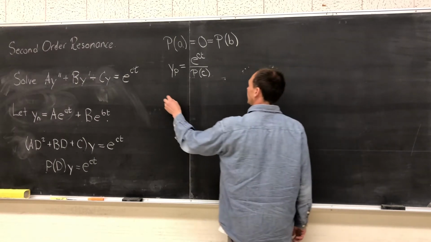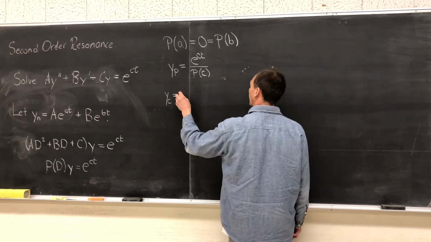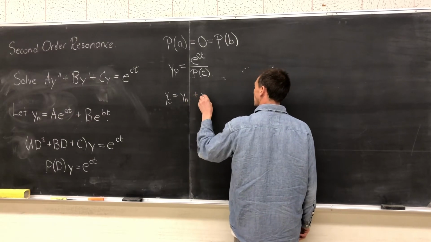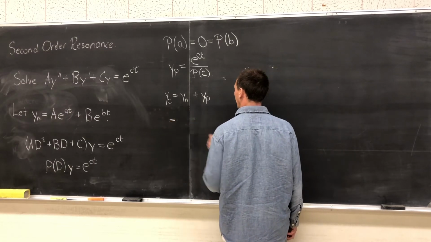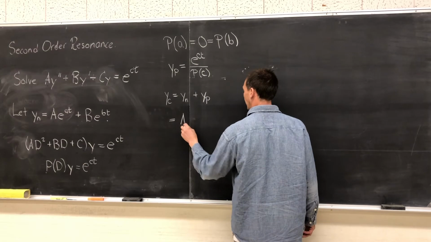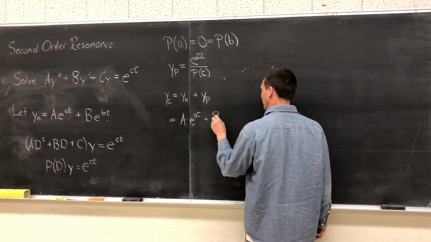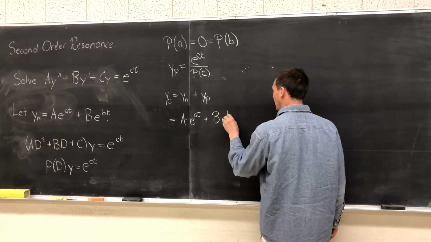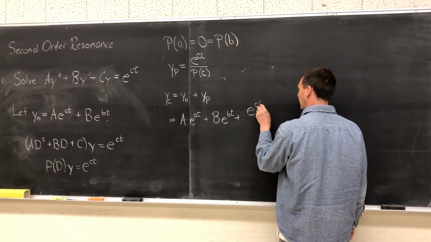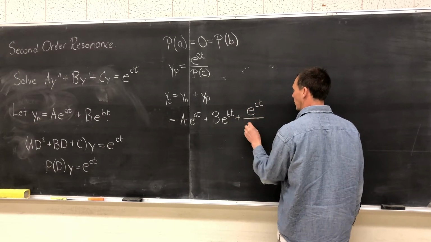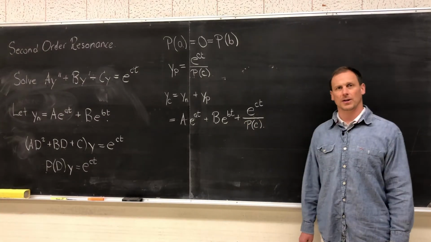So our complete solution is y null plus y particular, and let's write this out. This is A e to the at plus B e to the bt plus e to the ct over p of c. Okay, that's my complete solution.